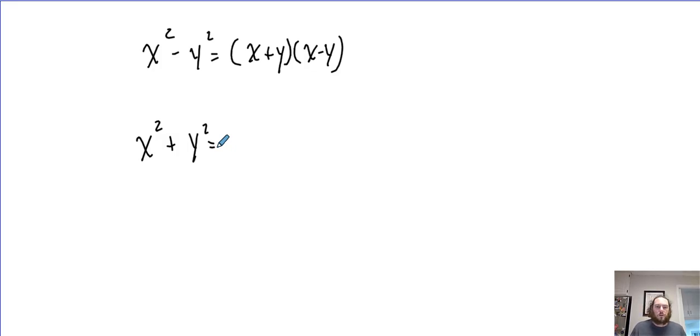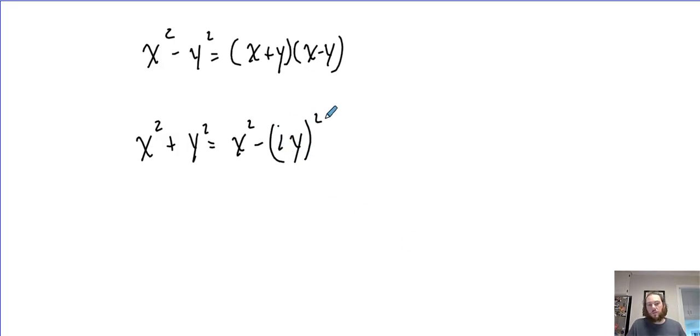Well, again, we can use the fact that the square root of -1 is equal to i, and what that means is that i squared is equal to -1. So we could rewrite this as x squared minus (iy) squared, right?